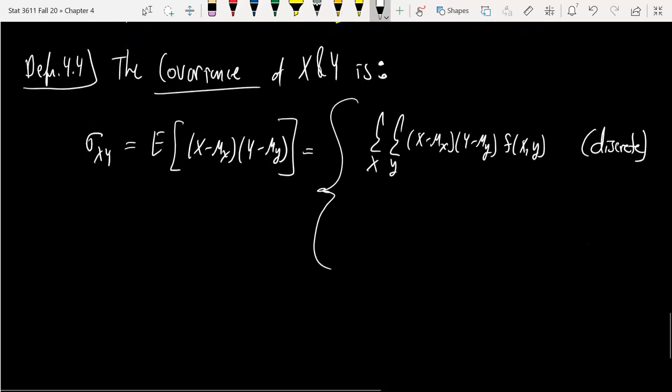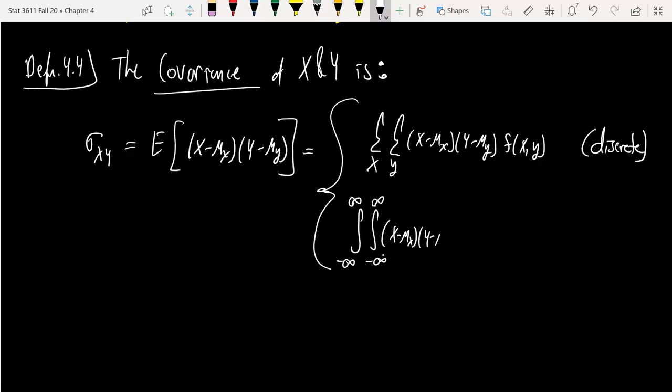If it's continuous, it's the same idea, but we are dealing with a double integral to get the covariance. So we'd integrate from minus infinity to infinity x minus mu x times y minus mu y times the joint PDF f of xy dy dx in the continuous case, okay?